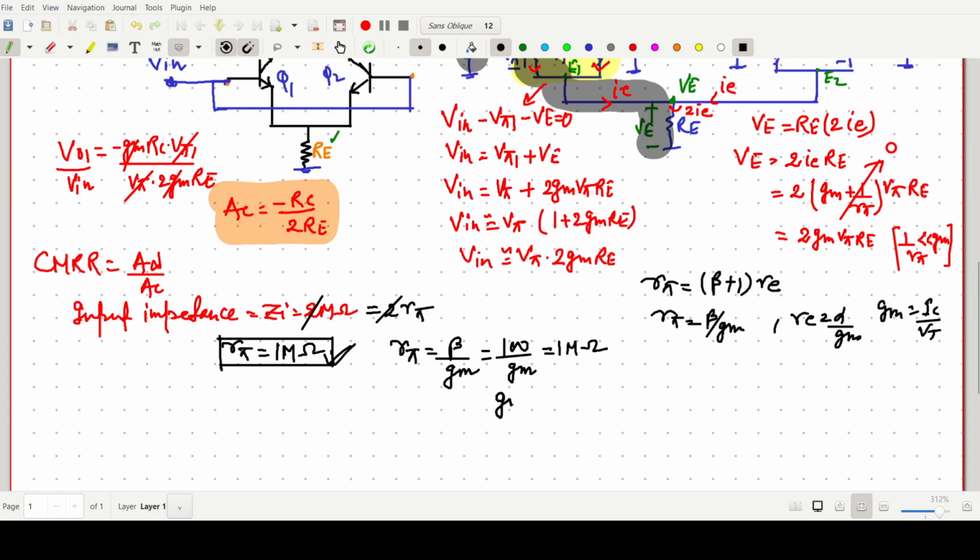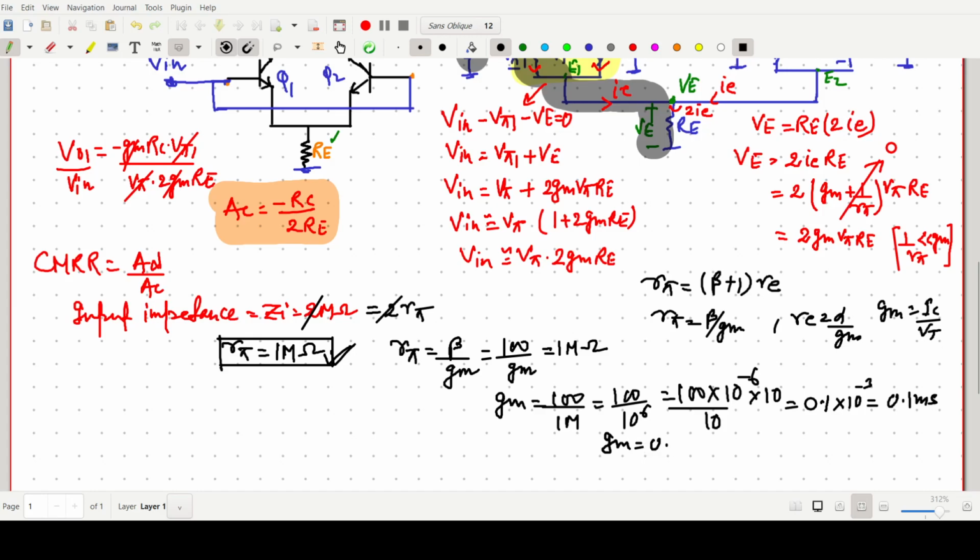From here what we can write. Gm, take it here, 100 by 1 mega ohm means 100 by 10 to power 6, or one can write 100 into 10 to power minus 6, and if you multiply by 10 by 10, so we can write 0.1 into 10 to power minus 3, because every time we are generally writing the gm term in millisiemens, so gm will be 0.1 millisiemens.